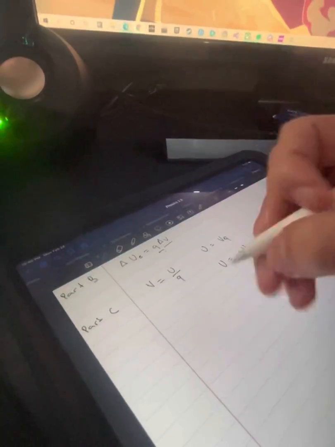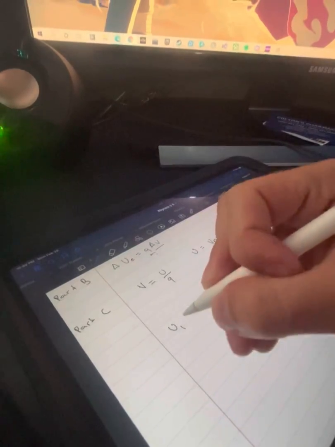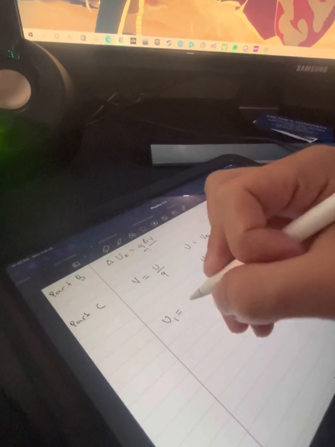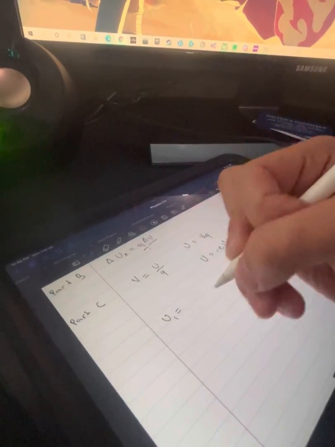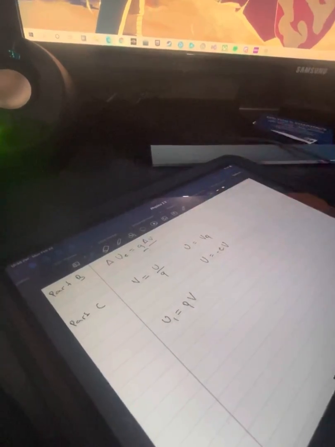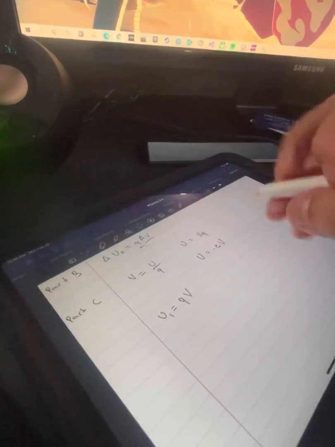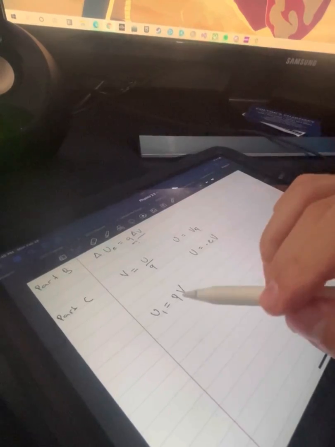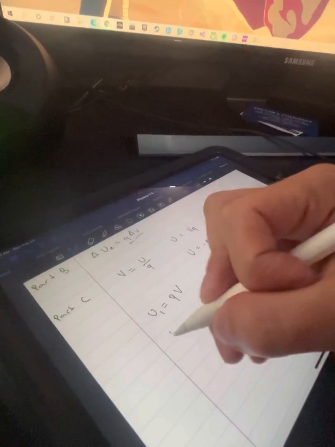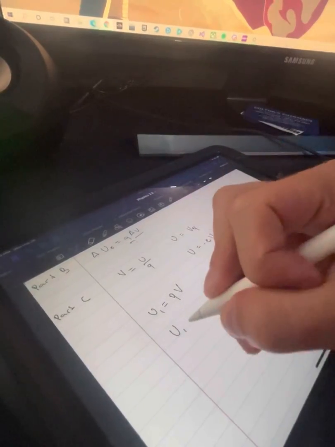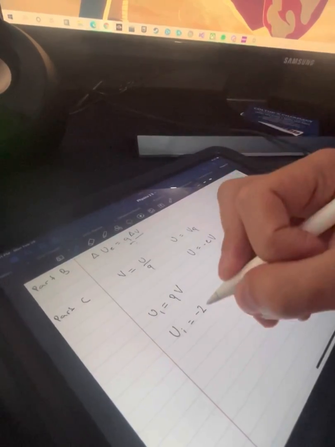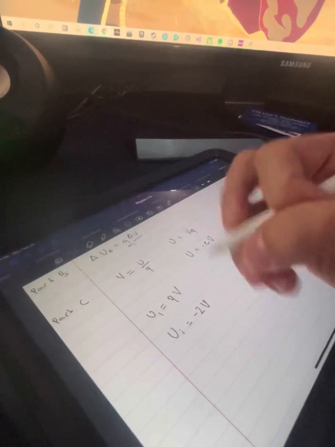Now, if we do it for the ion, we have QV, which is the charge. Since we have two electrons attached to the charge of the ion, the electrical potential energy of the ion equals negative 2eV.